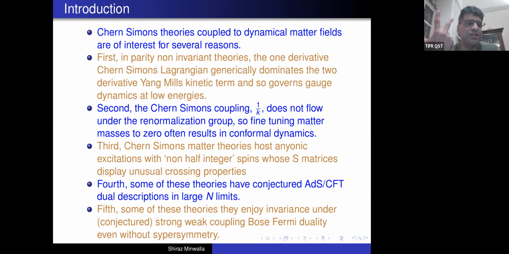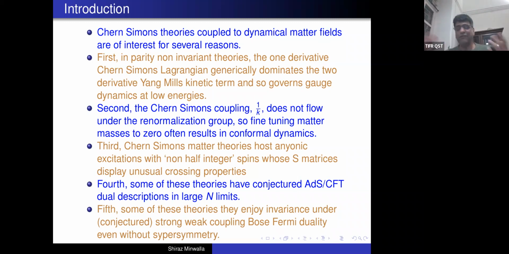Now in 2+1 dimensions, there is a term in the Lagrangian that has a lower dimension than that of the Yang-Mills term. And this is the Chern-Simons term. So, if you've got a theory of matter coupled to gauge fields, and your theory does not preserve parity, then if you want to make a genericity guess as to what the dynamics of your theory will be at low energies, the guess should be that it will be a theory of matter coupled to a Chern-Simons gauge field.